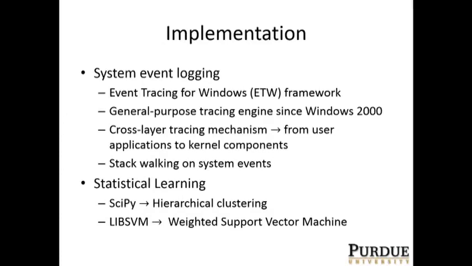In our stack trace partition module, we refer to the application stack trace, which is for control flow graph inference, and system stack trace for training and testing. It can also enable stack walking on each predefined system event. For the statistical learning part, we leverage SciPy for hierarchical clustering and libSVM to build our weighted support vector machine.